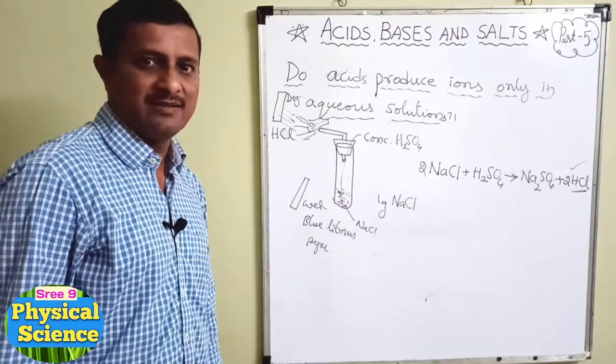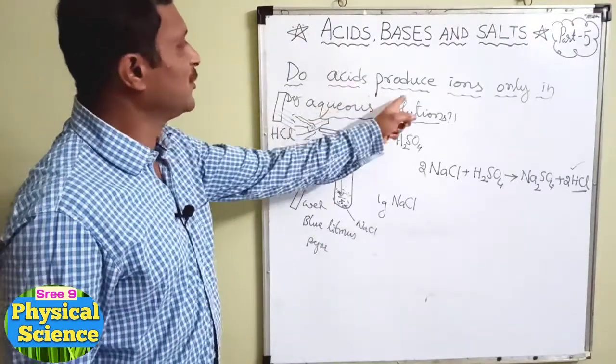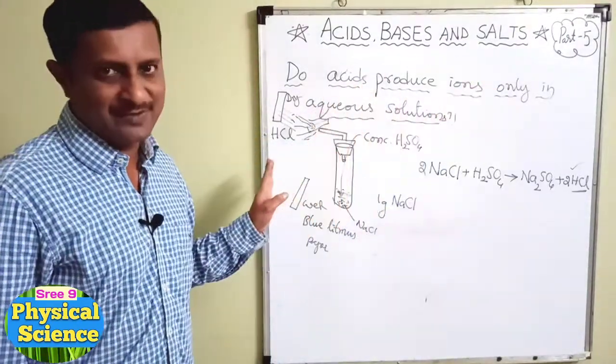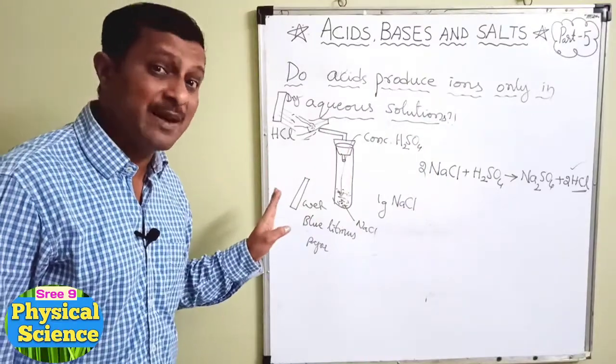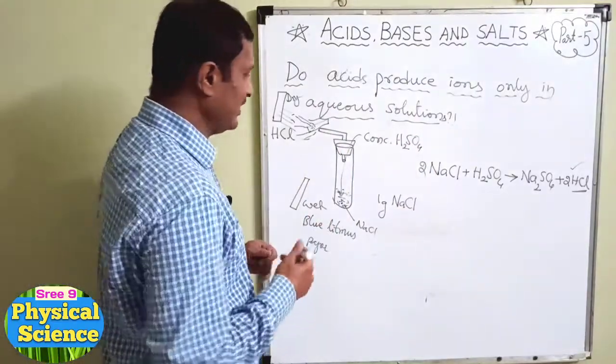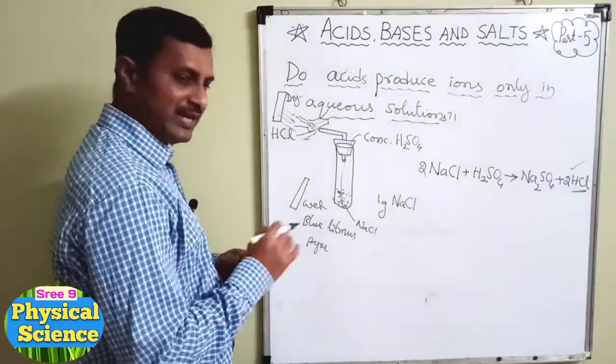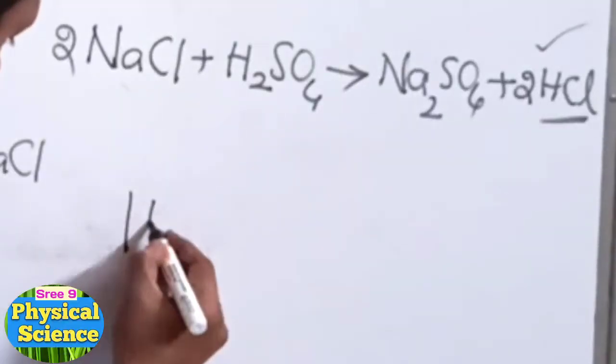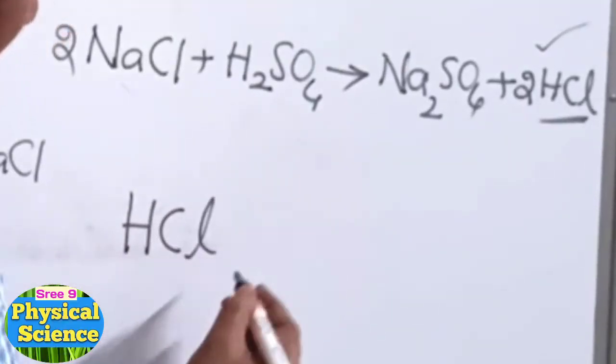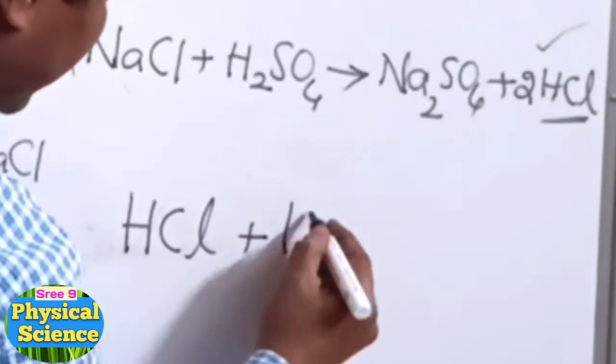We say that acids produce ions only in aqueous solutions. Let us see what is happening here. When we kept wet blue litmus paper, HCl reacts with water.